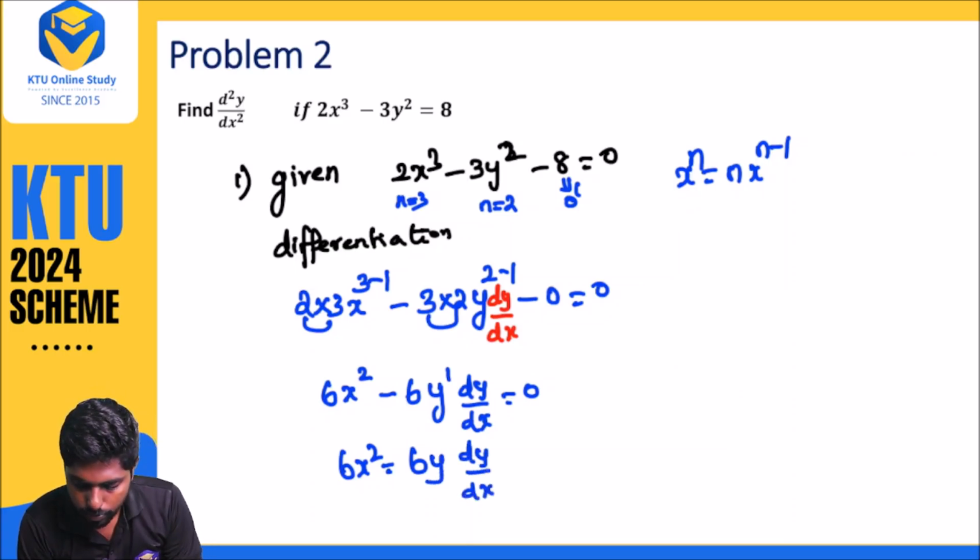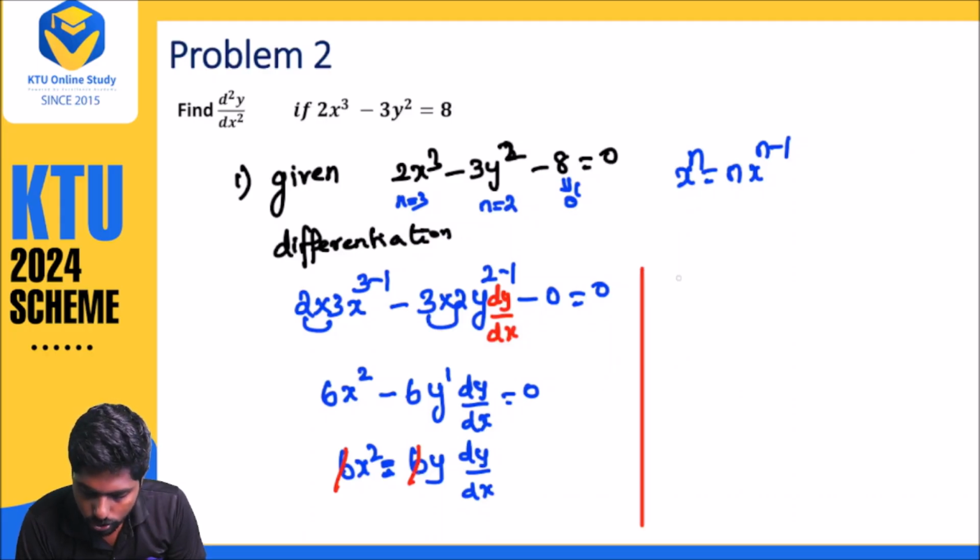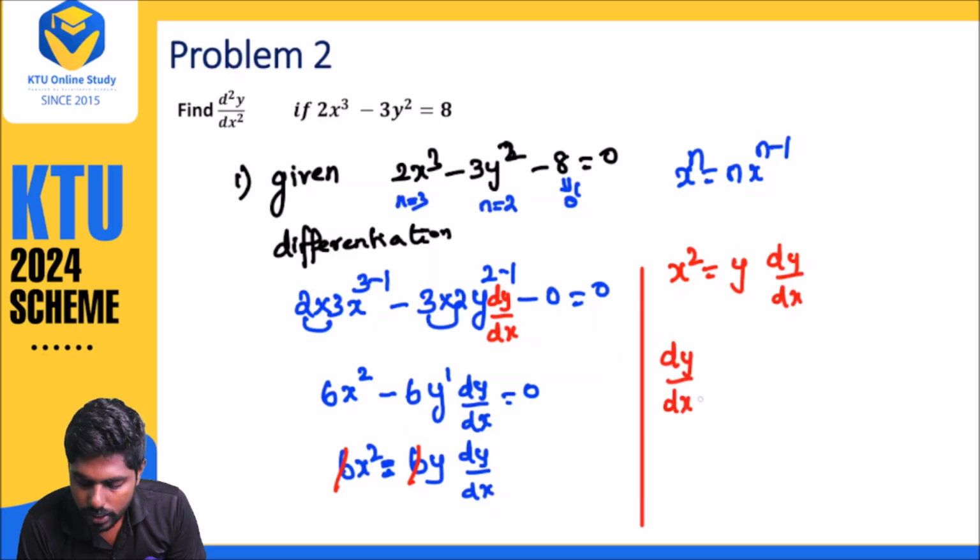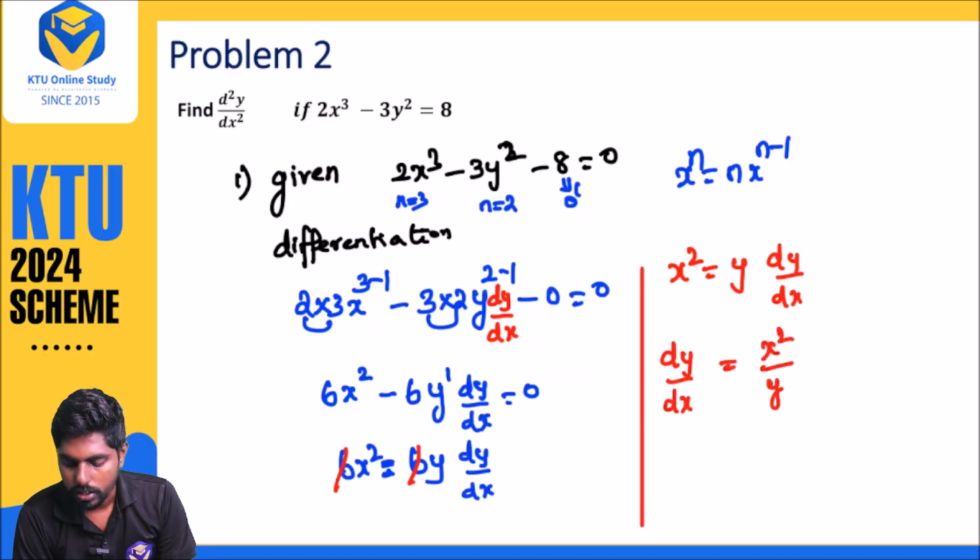We can cancel the 6, so x square is equal to y dy by dx. So dy by dx is x square by y.